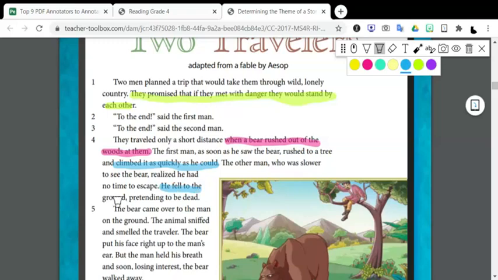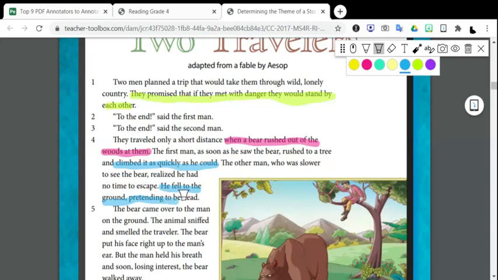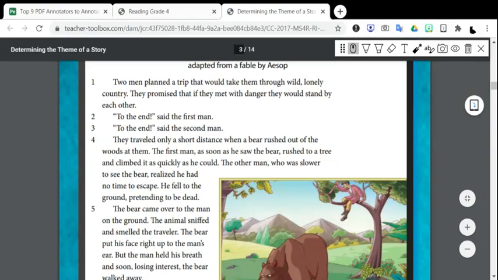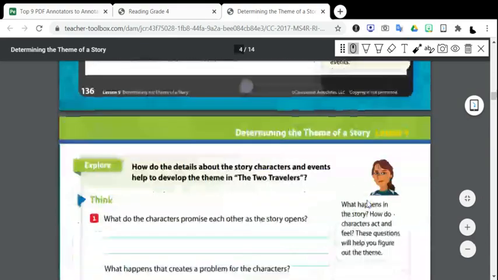Let's look at how they solved the problem. The first man saw the bear. He rushed to a tree. He climbed it as quickly as he could. The second man had no time to escape, so he fell to the ground, pretending to be dead.